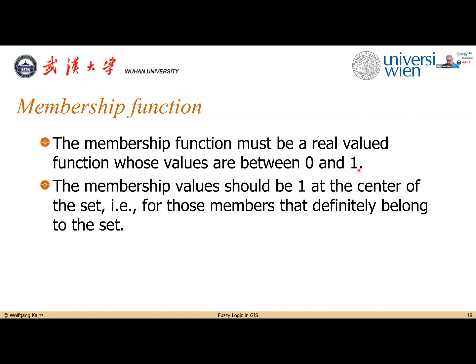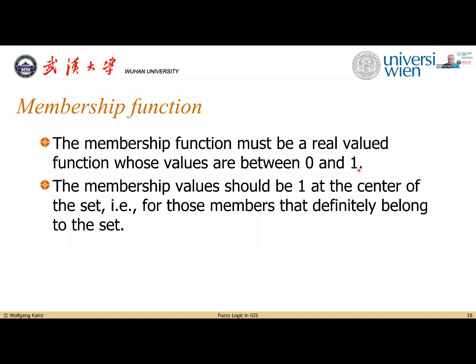As we already said, when we defined a fuzzy set, every fuzzy set is defined with a membership function, and the membership function gives us values in the interval between 0 and 1. So every membership function must be a real valued function, meaning it must produce real numbers, and those values must be between 0 and 1.